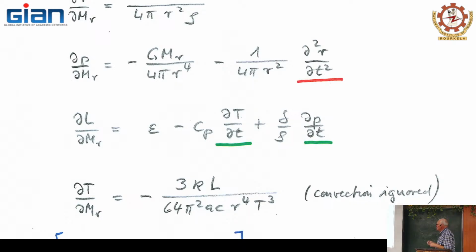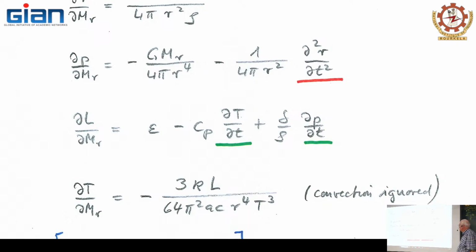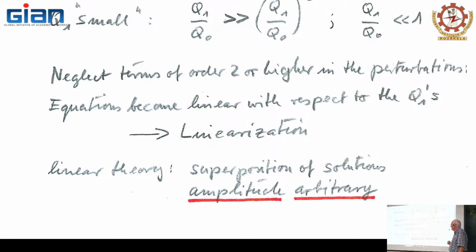Okay, we neglect terms of second or higher order in the perturbations, and as a result, the equations become linear with respect to the perturbations Q1. The process which we are doing is called the linearization of our equations.